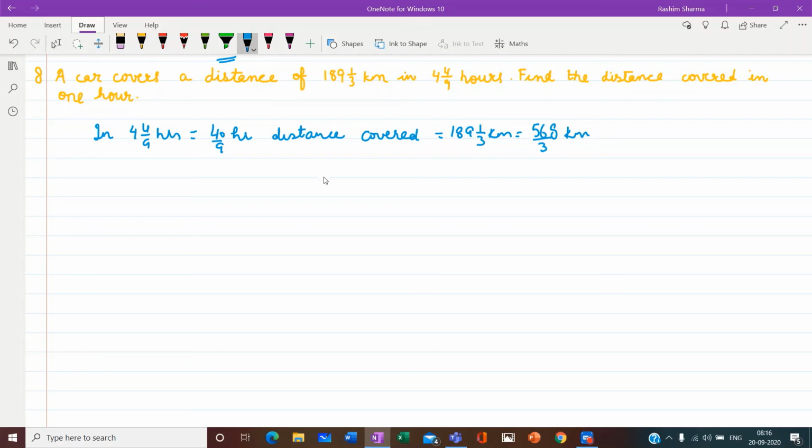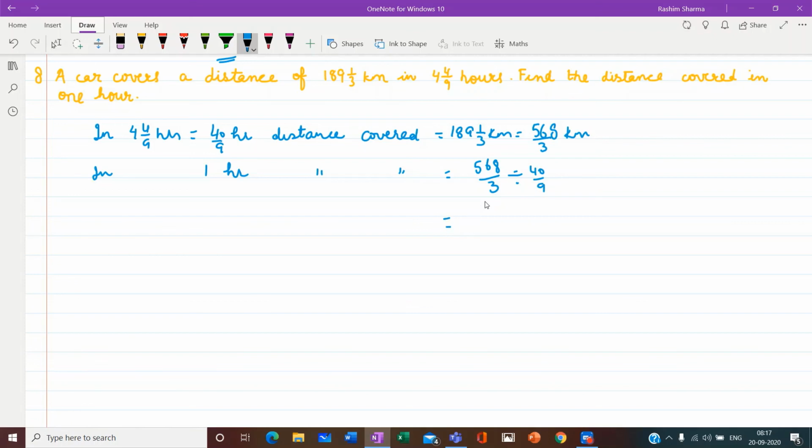Okay, now in 1 hour, distance covered will be equal to 568 by 3. It will be divided by 40 on 9.